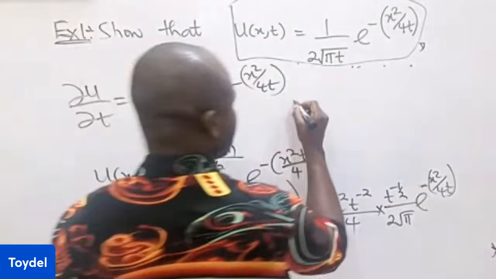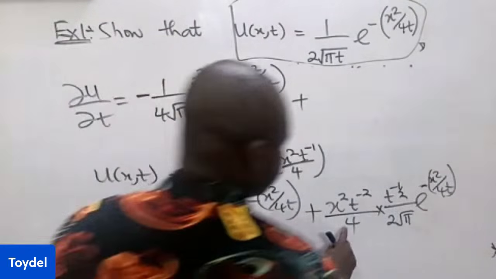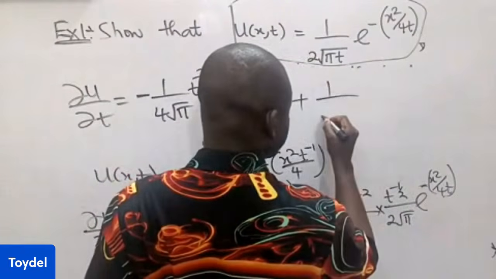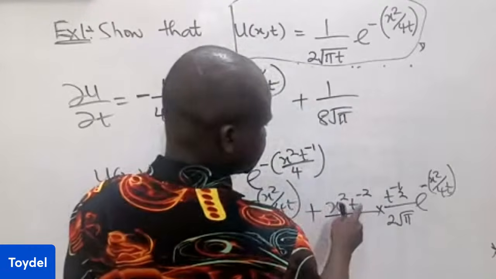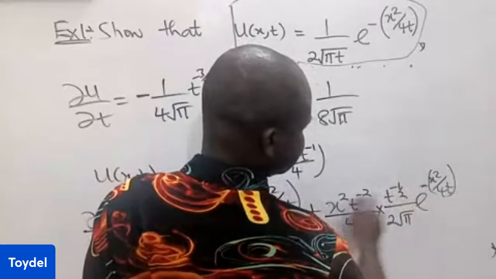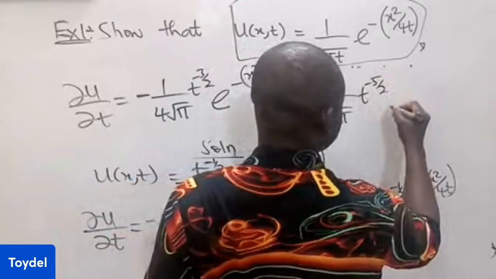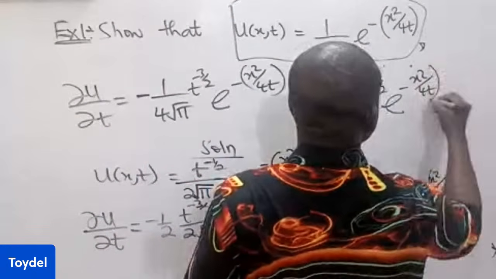Plus, when I write that one neatly, 4 times 2 will be 8. Then I will have 1 all over 8 square root of pi. Then t raised to power minus 2 times t raised to power half. Law of indices, we add the two together. That will be the same thing as t raised to power minus 5 all over 2 exponential minus s squared all over 40. This is what we are going to get.